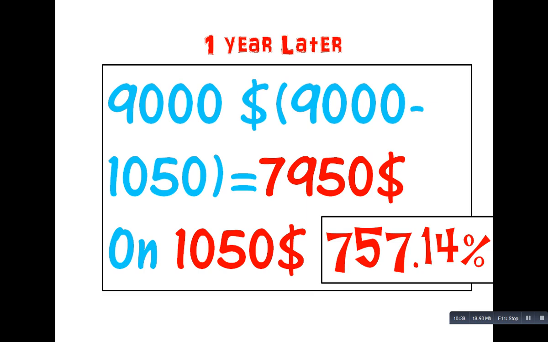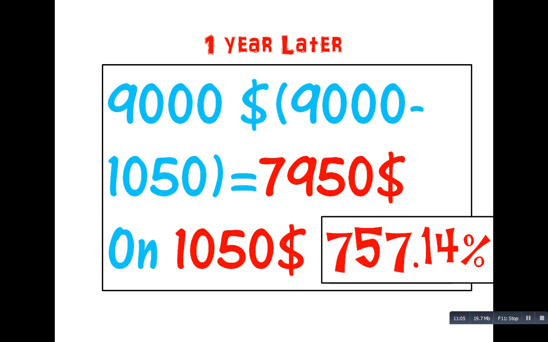Next, 1 year later, your total gain would have been $9,000, which is the current investment value, minus the $1,050 of investment, which is $7,950 of gain, against $650 of gain in method one.